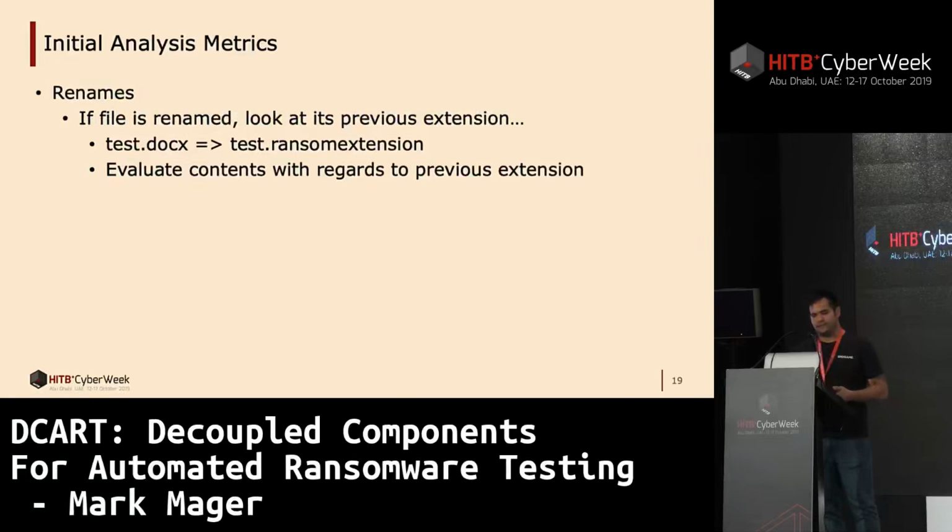And this relates back to the first 2 metrics, but consider file rename operations. What you'll typically see with ransomware is, as I mentioned before, a lot of the files will be encrypted and then renamed, or renamed and then encrypted.